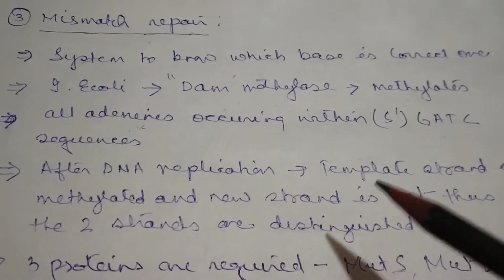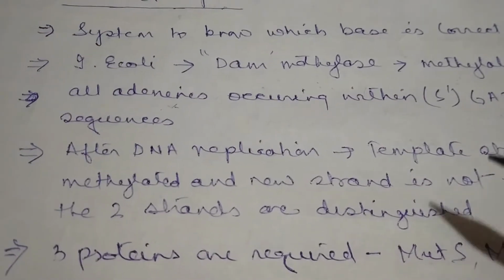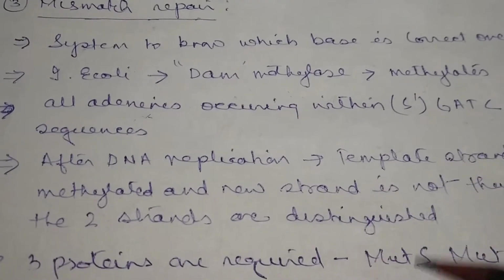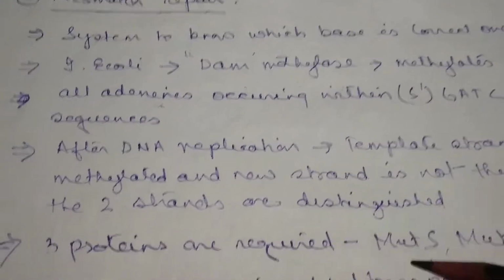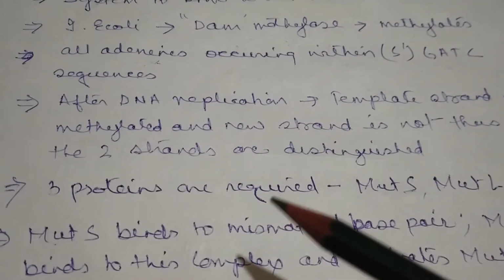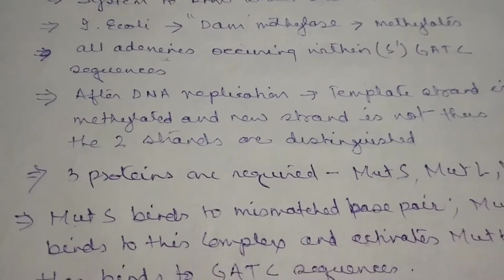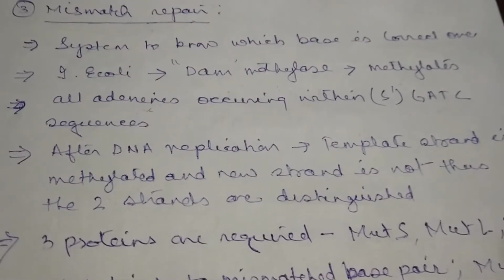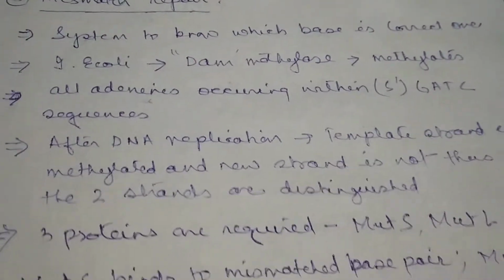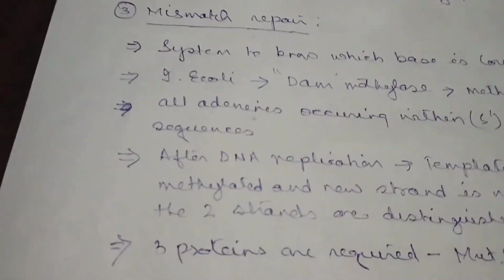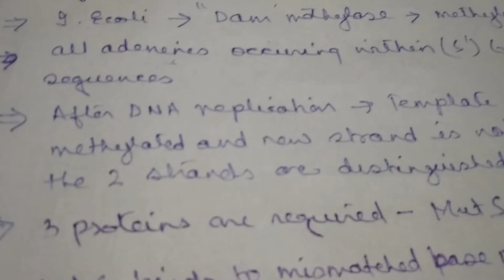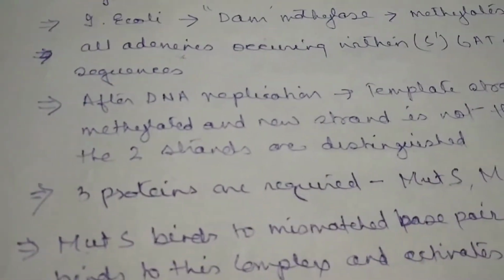In this manner the template and the new strands can be distinguished, and this is how DAM methylase distinguishes it. The template strands are methylated.